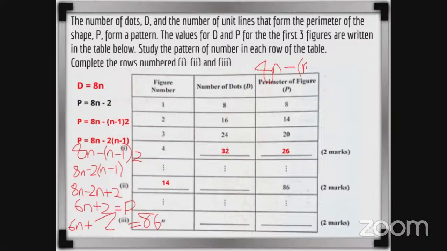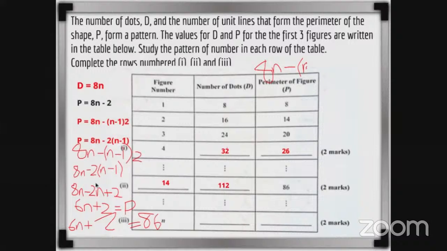How do we find the number of dots now that we have the figure number? 8 times n. Right, so we just multiply the 8 times the n, so that would be 8 multiplied by 14 gives us what? 112. Great. So that is for that.